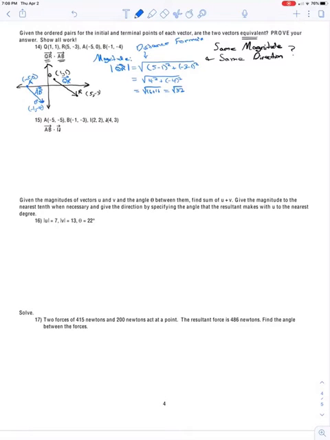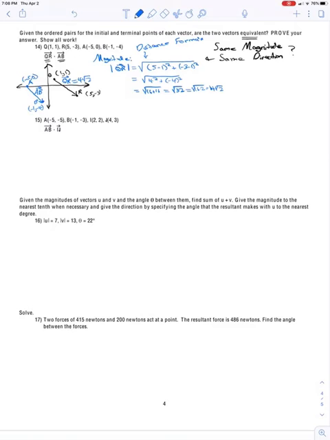If you wanted to simplify that, you could. That's the square root of 16 times 2, which is 4 square roots of 2. So QR has a magnitude of 4 square roots of 2.